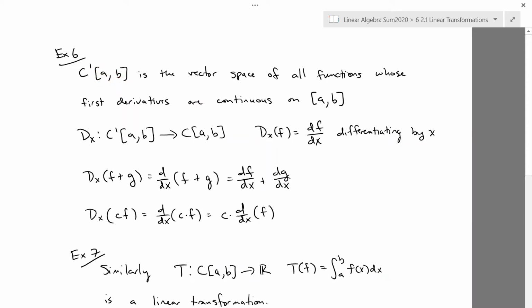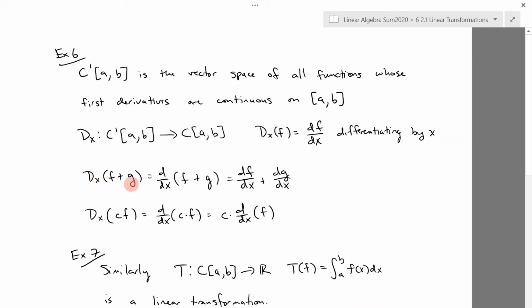the derivative. By looking at differentiable functions, we can see that the derivative is a linear transformation. This is just from calculus. The linear transformation, on a function in this vector space, is just given by taking the derivative with respect to x.